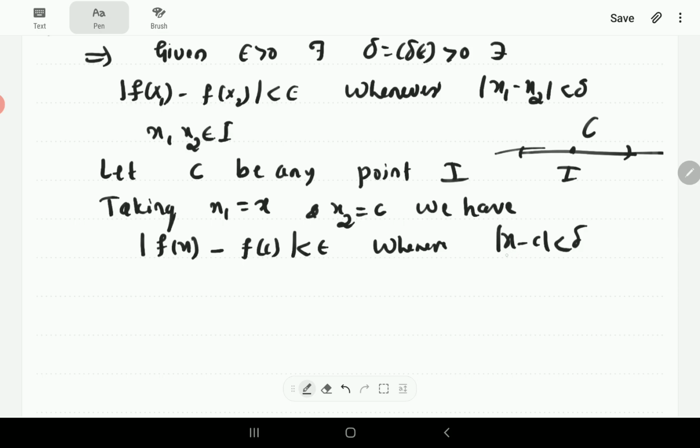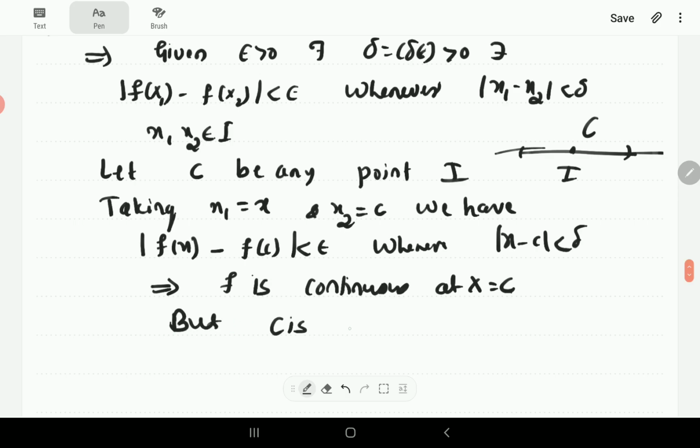This is nothing but the definition of continuity: f is continuous at x equal to c. But c is any point, because we have taken it as any point on the interval I.